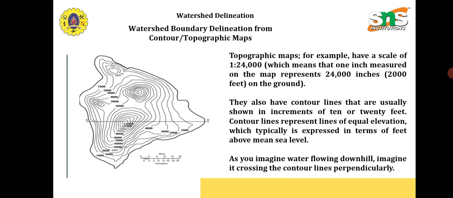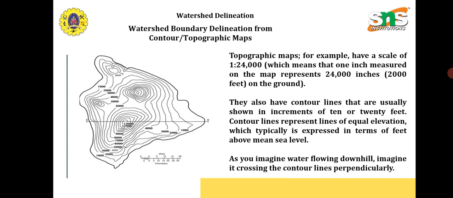Topographic maps consist of buildings, construction, roads, railways, water bodies, forest area, etc. If it has a scale of 1 is to 24,000, it means that 1 inch measured in the map represents 24,000 inches on the ground.